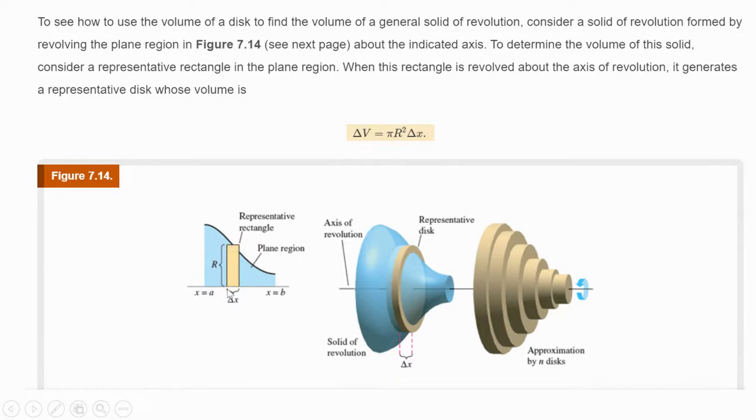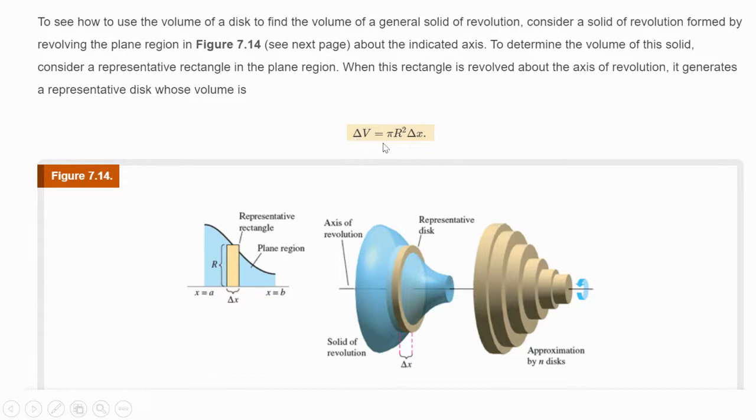That's how far the function is from the axis of rotation. And the width down here is this little delta x. But notice that this rectangle is different from the rectangle you would draw over here, and it's different from the rectangle that you would draw over here. It's going to be a function of x. So capital R is going to be a function of x because it changes when you change x.